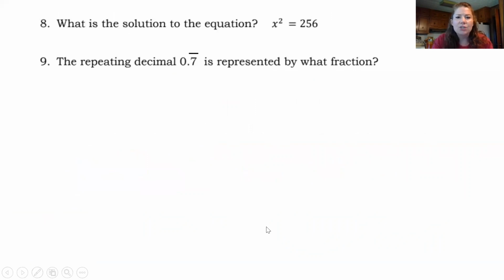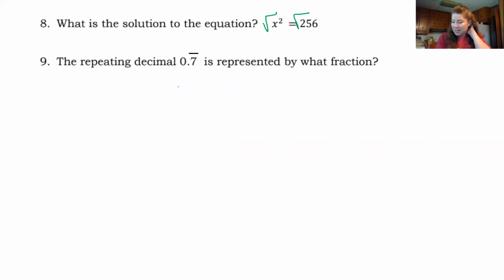All right, number 8. What is the solution to this? What number times itself is 256? Well, once again, to find out what this X is, I'm going to find the square root of both sides, right? So on my calculator, I'm hitting the second button, then the X squared button. So my radical is now flashing on my screen.